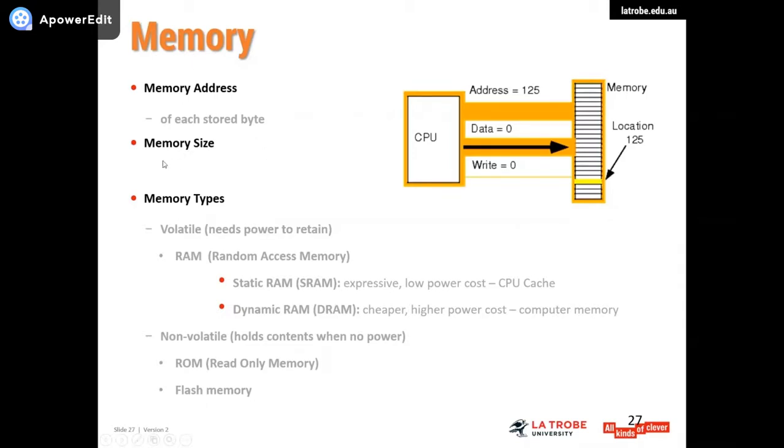Especially memory types: there are 2 main types, volatile and non-volatile. What's the difference, which memory belongs to volatile, and which belongs to non-volatile? That's very essential knowledge for the IT area.